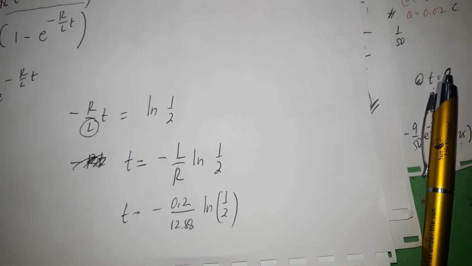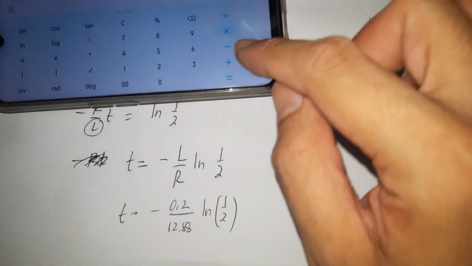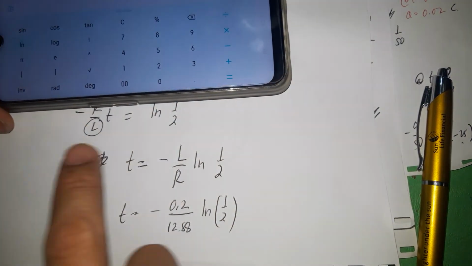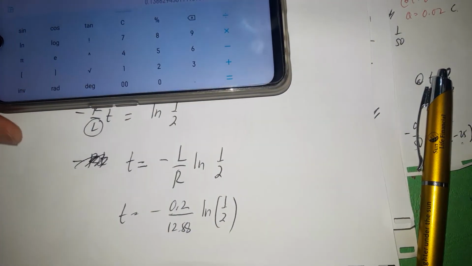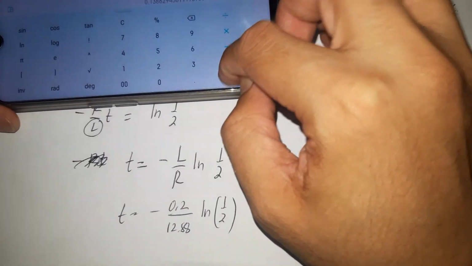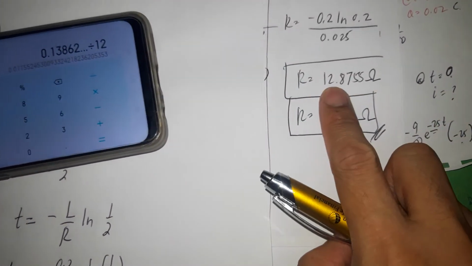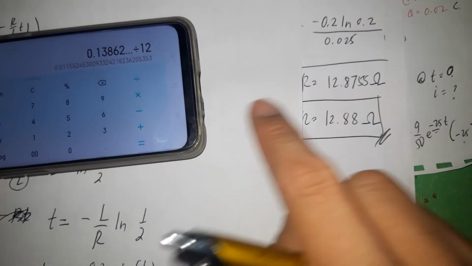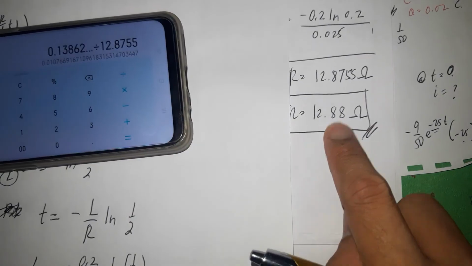So T is equal to negative 0.2 over 12.88 multiplied by ln 1/2. Let me use 12.8755 to get a more accurate answer.